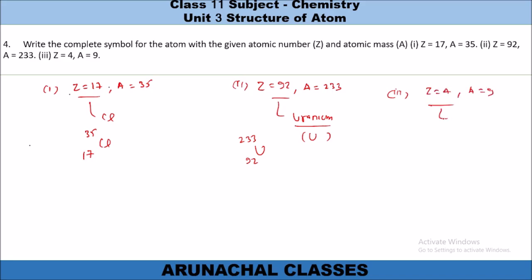When atomic number is 4, we call it beryllium, so the symbol is Be. So Be 4 and mass number is 9. This is the symbolic representation for the different atoms as per the atomic number and mass number given in the question. We can move to the next question now.